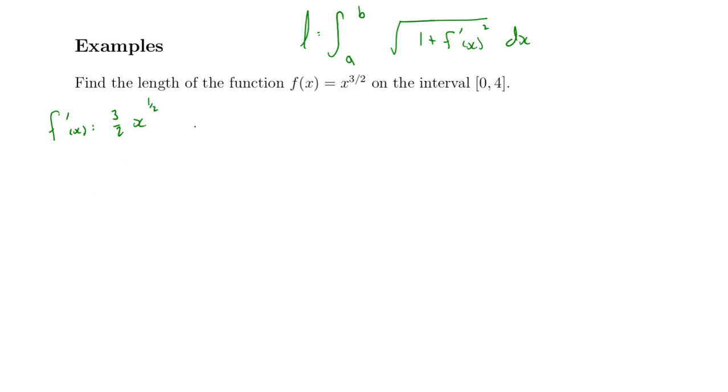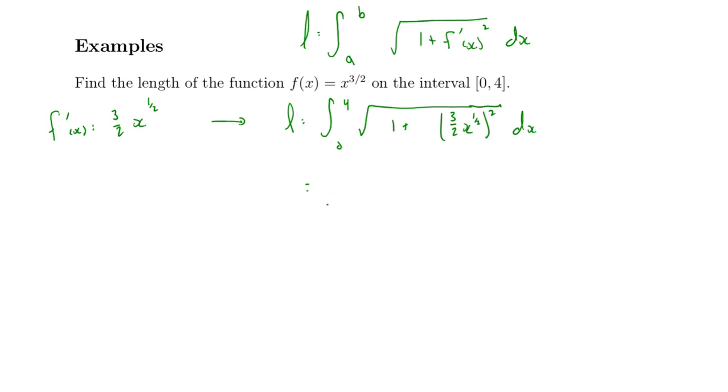All right, so let's go ahead and put all this in place. This means L is going to be the integral from 0 to 4 of the square root of 1 plus 3/2 x to the 1/2 squared dx.